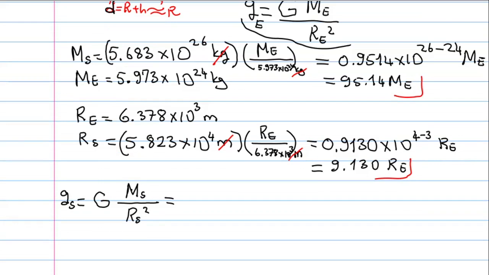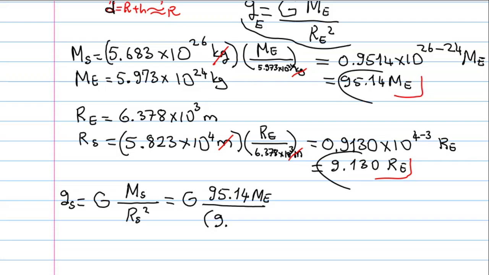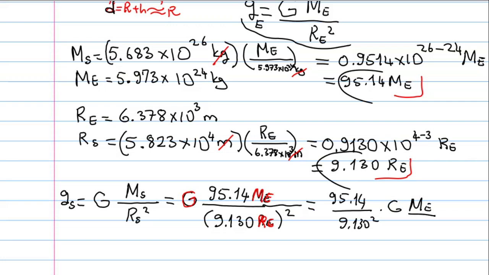To compare with Earth's acceleration due to gravity, I need to use this information. The mass of Saturn we found to be 95.14 mass of Earth, over 9.130 RE, in parentheses squared, equals 95.14 over 9.130 squared multiplied by the remaining terms G, M E over RE squared.